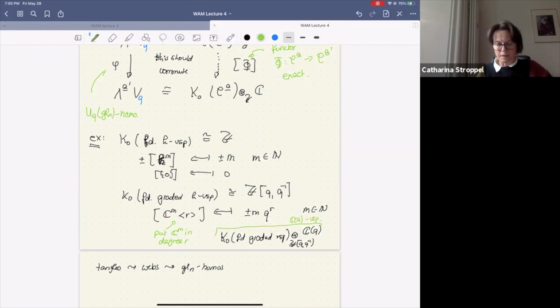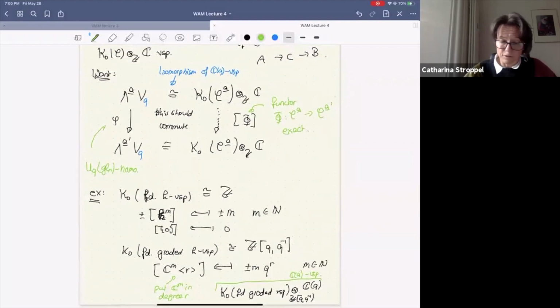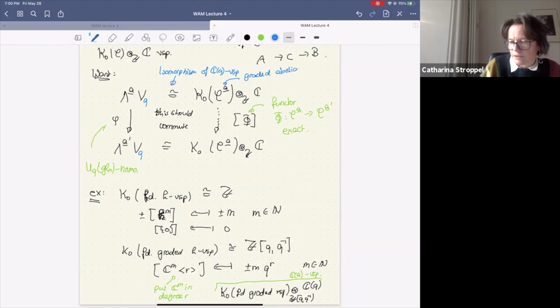Yeah. And if you believe this, then what I would like to do upstairs is sneak in here. This should be a graded abelian category. So it should be some sort of, for instance, modules over a graded algebra, graded modules over a graded algebra.